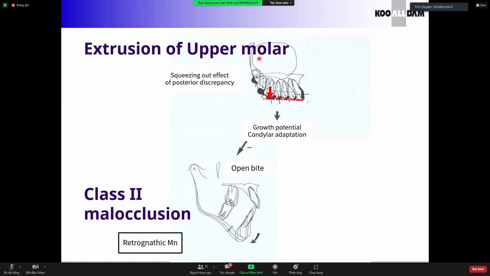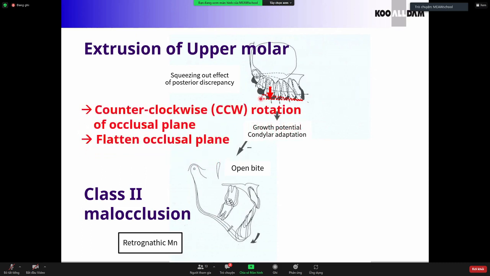So extrusion of the upper molar. Extrusion of the upper molar, what does it mean? This value is lower, and this is a flattened occlusal plane, counterclockwise rotation of the occlusal plane, like this. In conventional orthodontics, it may cause class 2 malocclusion.